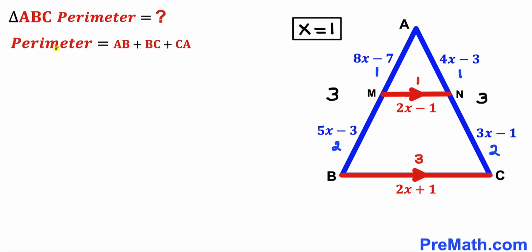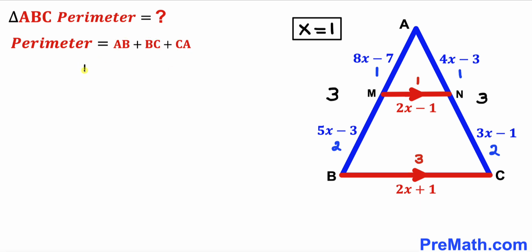And here's our final step. Now we are going to calculate the perimeter of this triangle ABC, which is going to be equal to side length AB plus side length BC plus side length CA. We know side length AB is 3 units, BC is 3, and finally CA is 3 as well.